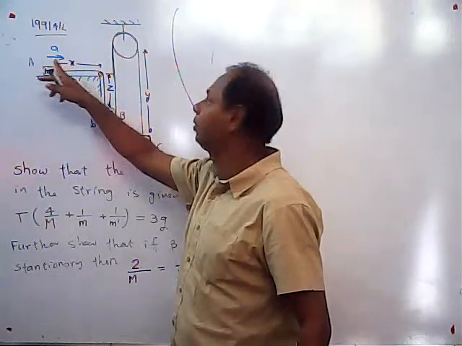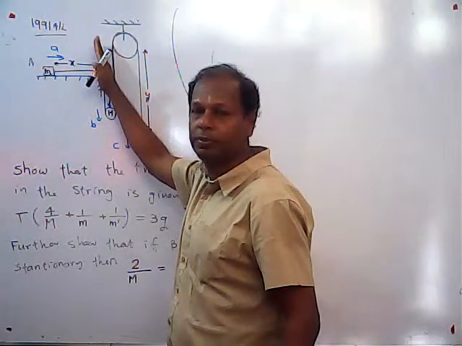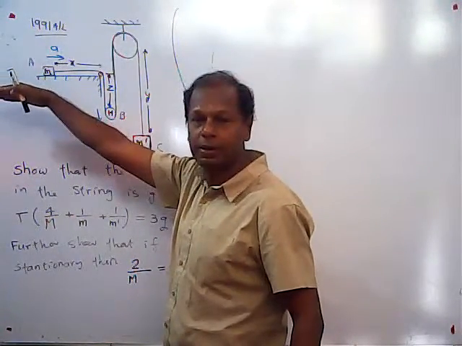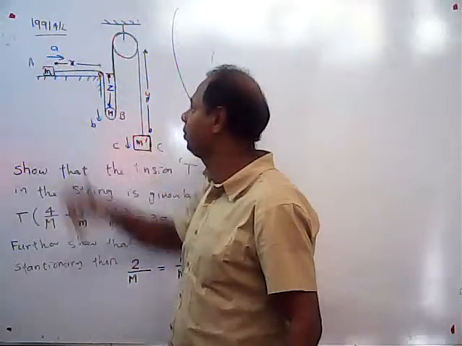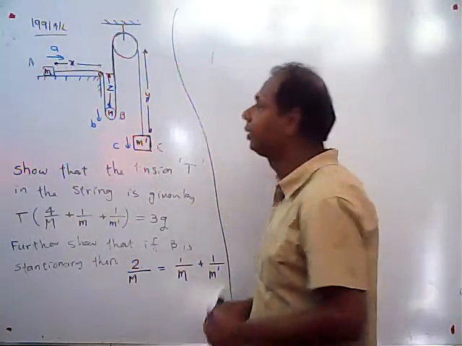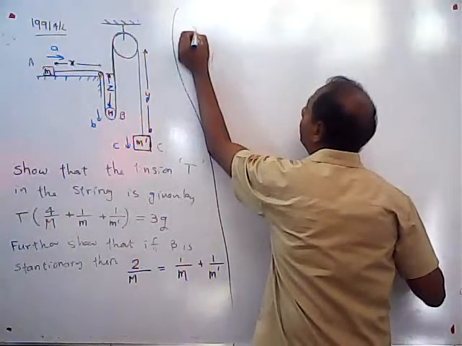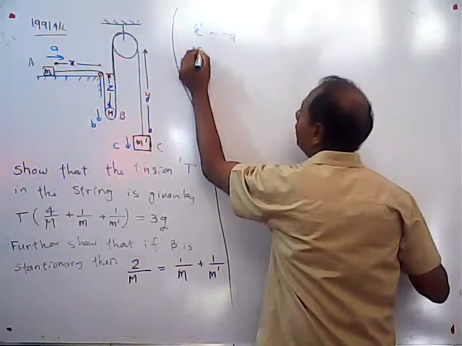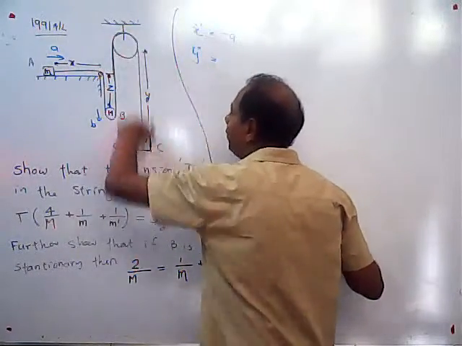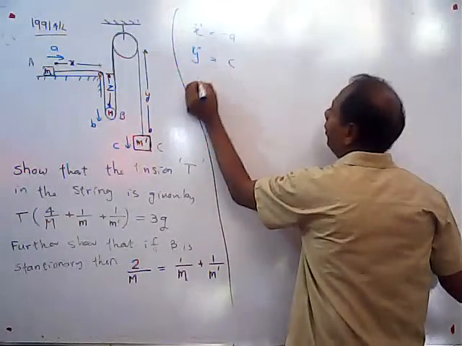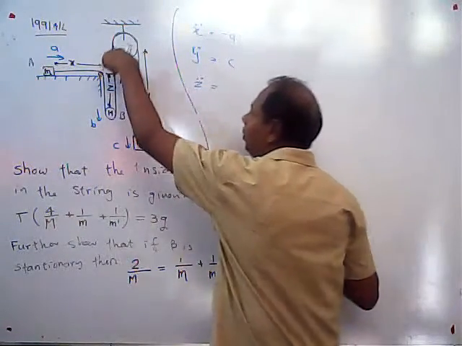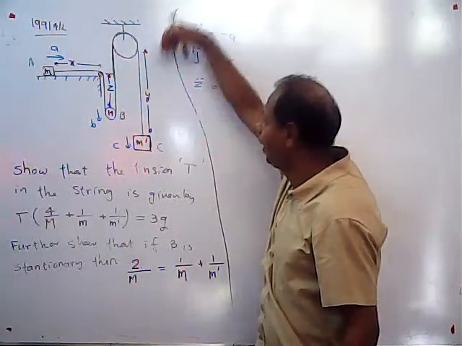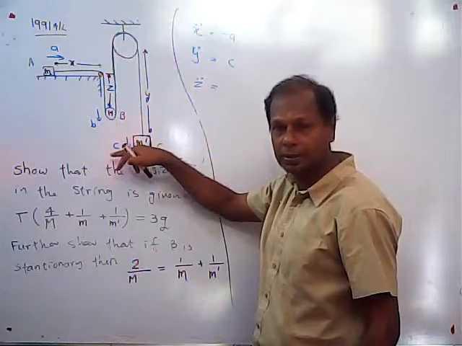Then x double dot will be equal to, x is measured from this point, this is the reference point, in that direction, right? So x double dot is equal to minus a. y double dot is equal to c, because y is measured from this point downwards, and c is also marked in the same direction.